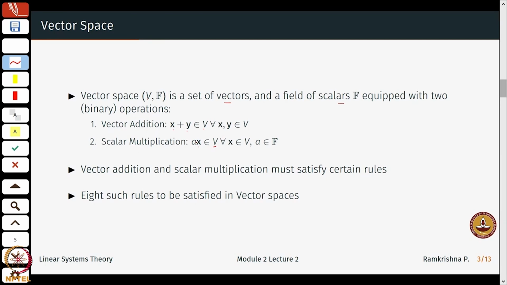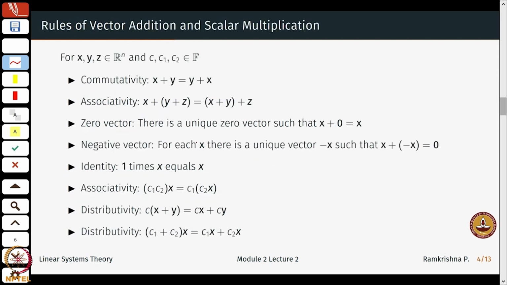Are there a few more rules that these two operations need to satisfy? First, this may look pretty simple, but it's nicer to do it again. Commutativity: adding two vectors x and y is the same as adding y and x in the reverse way. Associativity: if I add y plus z to x, it's the same as doing the operation on x and y first and then going to z.